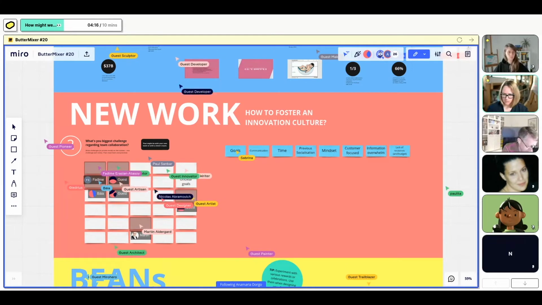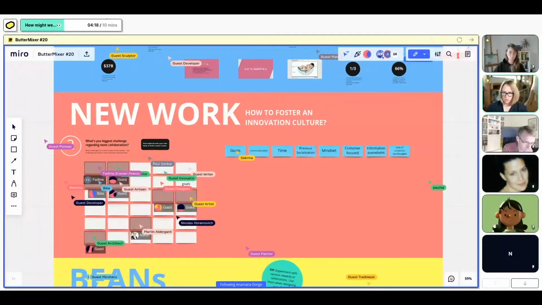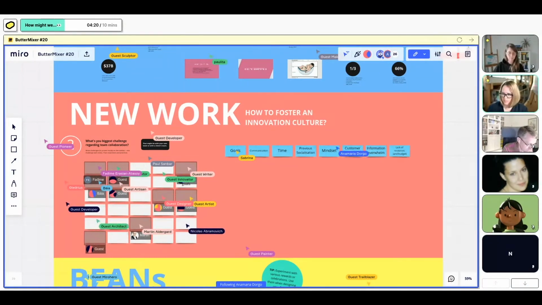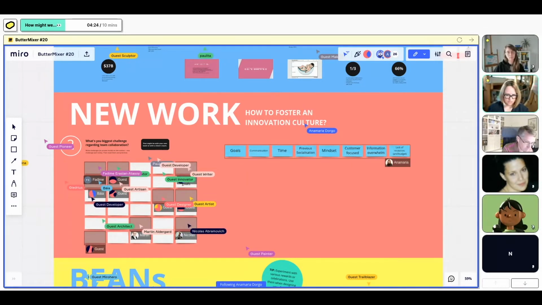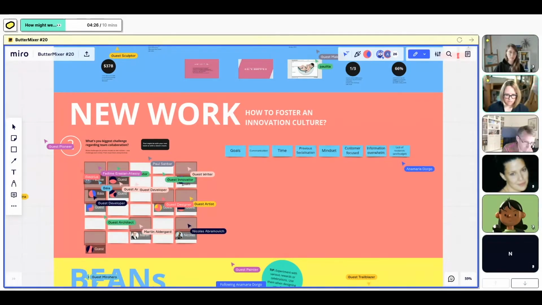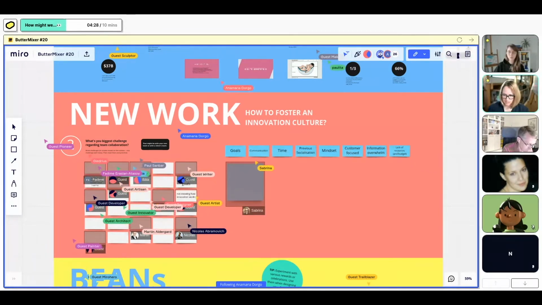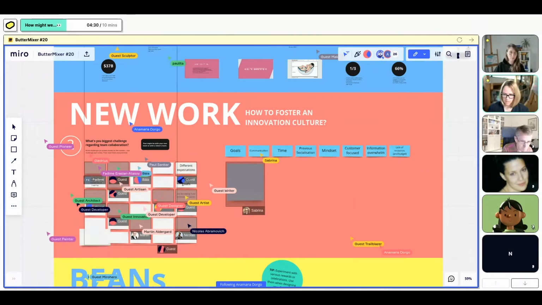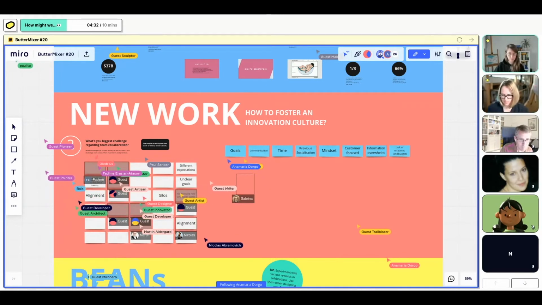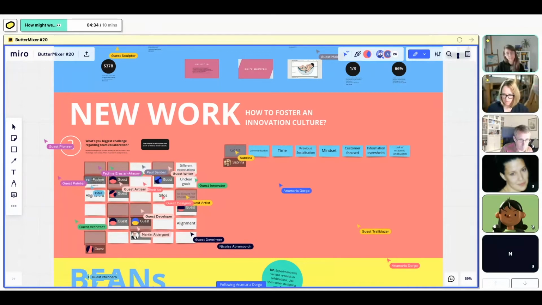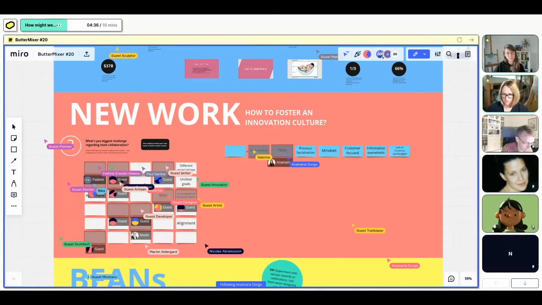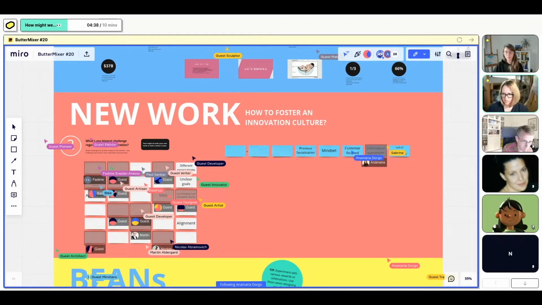And these blue Post-its, maybe we just create new ones, because we don't need so many. I unlocked them as well. Okay, then we use them.